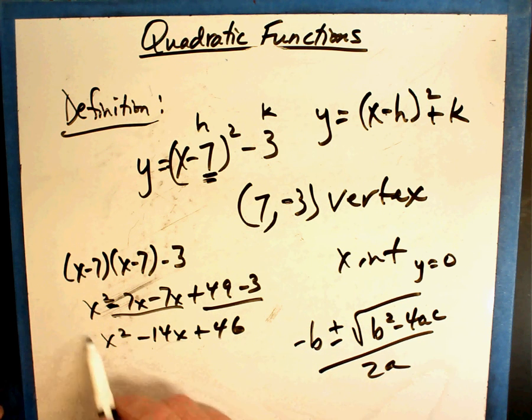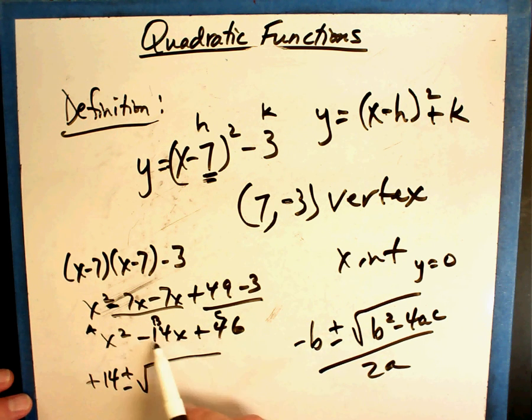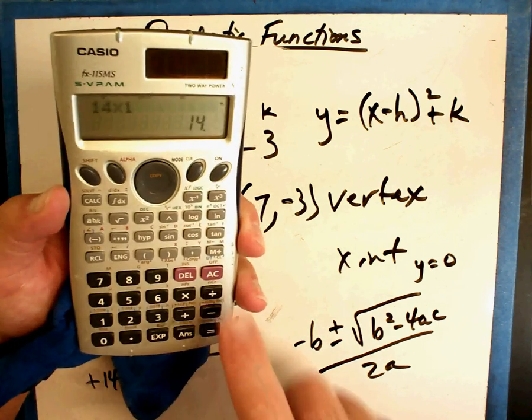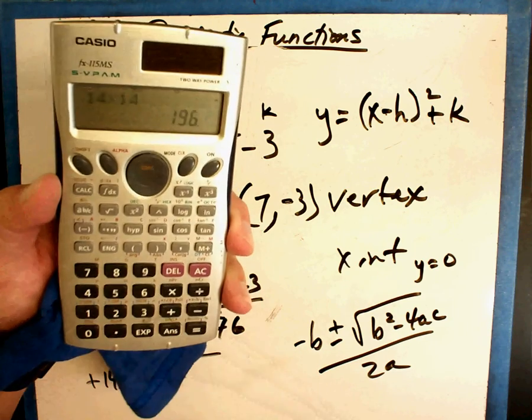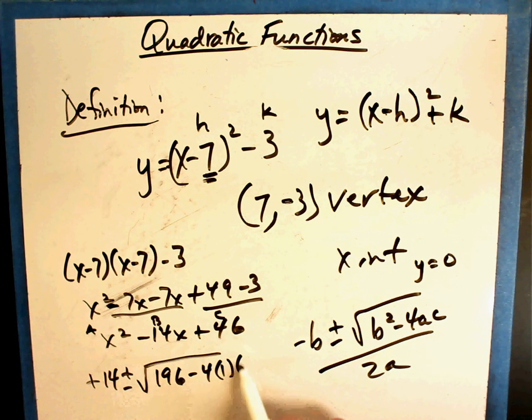Okay? So this is a, this is b, this is c. So let's solve that. So x equals all that stuff. If I'm going to work that thing out, I'm going to take minus b, which is a negative, or minus 14, so it becomes positive 14, plus or minus the square root of b squared, which is 14. So I'll do the math for you right here. 14 times 14 equals 196. So it's 196 minus 4 times a, which is 1, times c, which is 46.